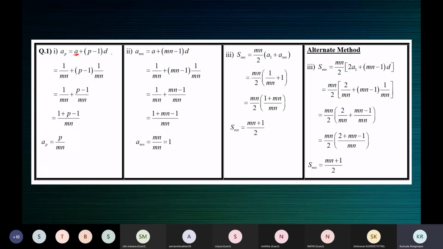Here this is mn. Sum to mn terms, n will be mn. The first term you'll have to substitute, and the last term, amn, is 1. Here you have a, n, and d, right? n is mn. You should substitute for a and d.